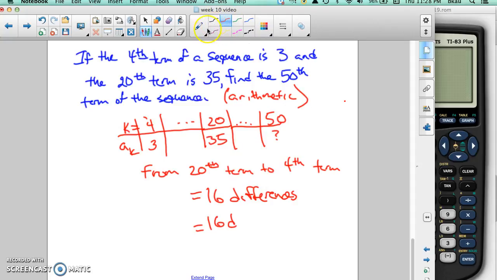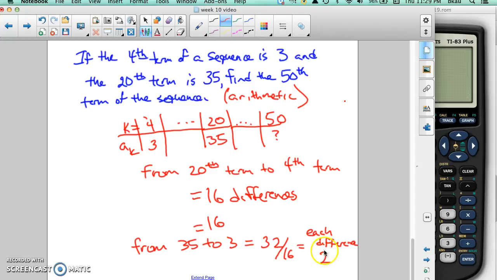So what we want to do there is, let's erase this, 16 differences. What we're going to do here is take our difference here, so from 35 to 3, that's going to give us 32, and then we're going to have 16 differences, and we're going to divide by that, and that means each difference equals 2. 32 divided by 16, each difference is 2.